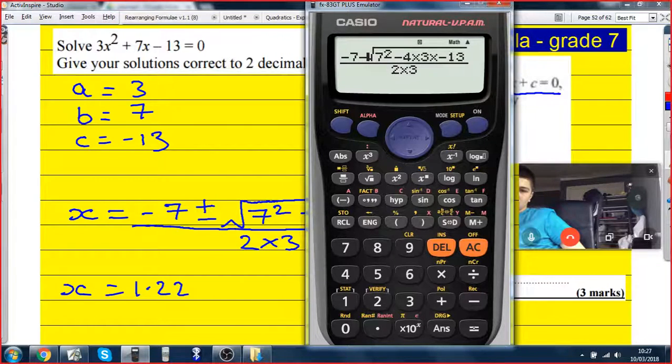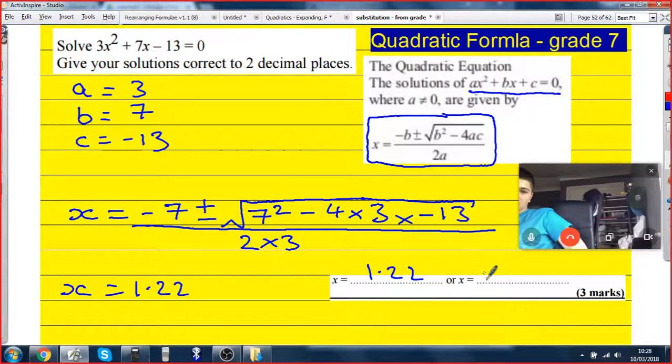Use that delete key and just press equals. To 2 decimal places, minus 3.55. That's it. Okay, x equals 1.22 or x equals minus 3.55.